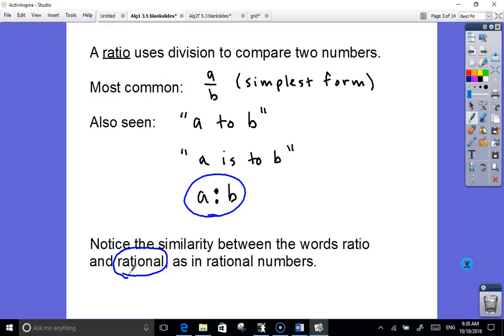Rational numbers are fractions. Ratio, rational, it's kind of the same root word. We struggle with this even in the higher classes. If I ask my Algebra 2 trig or even a math analysis class, what's a rational number? Believe me, they'll struggle just like you might struggle, even though the root word should be a giveaway. Rational, ratio, that's a fraction.